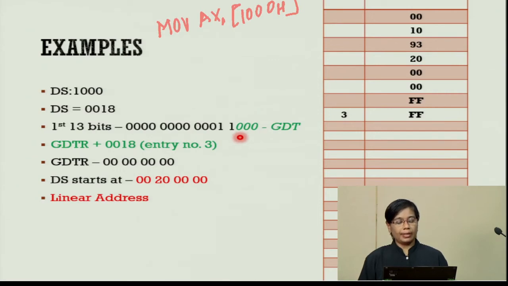The next bit basically says whether the table is a GDT or LDT. Now this bit is going to be 0, so it means that it is going to be the global descriptor table where the descriptor is going to be present. The rest of the 2 bits give the requested privilege level. Here you have the highest possible privilege, which is going to be 00.